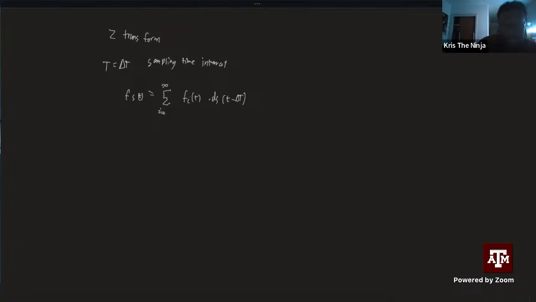So we know that the big F of s equals the summation of k equals 0 to infinity of f of kT times z to the minus k.